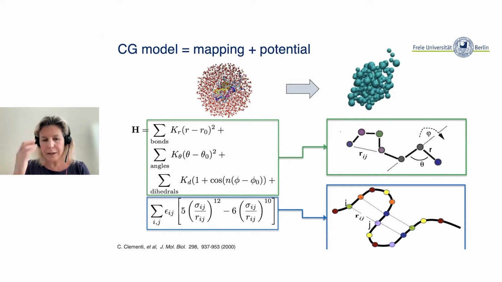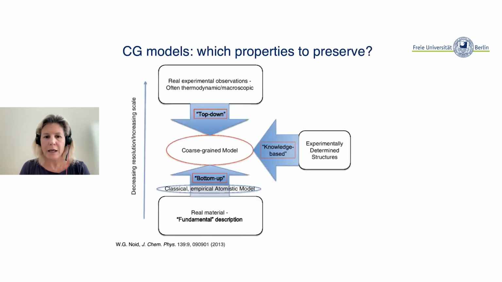But there is no reason a priori why this effective energy function should have this functional form, because it's not a first principle Hamiltonian. It is an effective Hamiltonian that needs to reproduce some final results, but it's like a renormalization of the first principle Hamiltonian. And the way to design such an energy function depends on what you want to preserve.